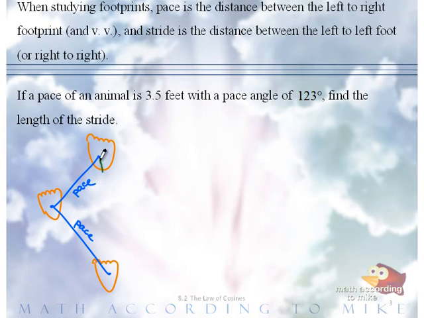Whereas same foot to same foot is called a stride. So we're told that the pace of the animal is 3.5 feet. That's 3.5 feet. That's 3.5 feet. And we're told the pace angle, which is the angle created between the two pace lines, is 123 degrees.